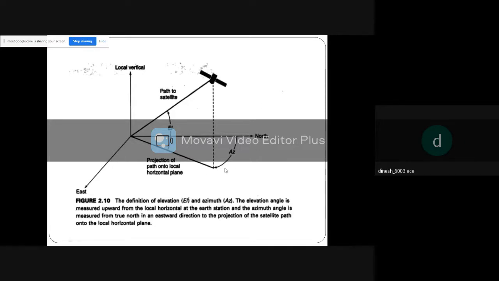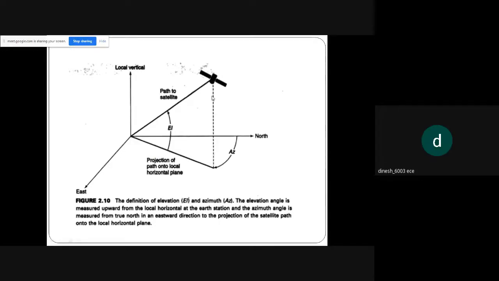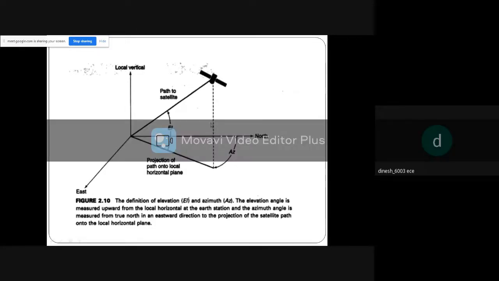From the north direction, move towards the east until this projected value falls on the horizontal plane along the Earth's surface. Mark it, and from the center of the Earth put a point.